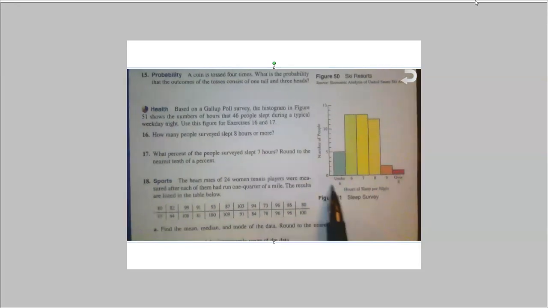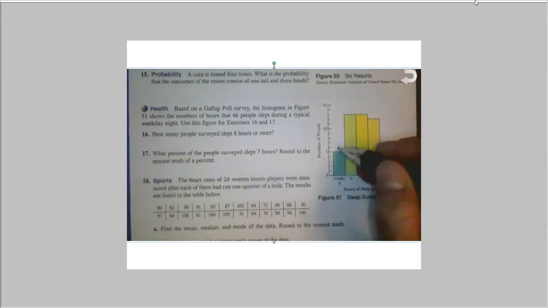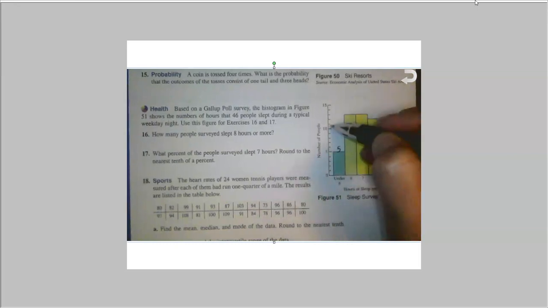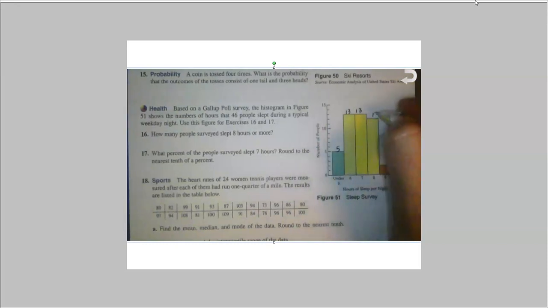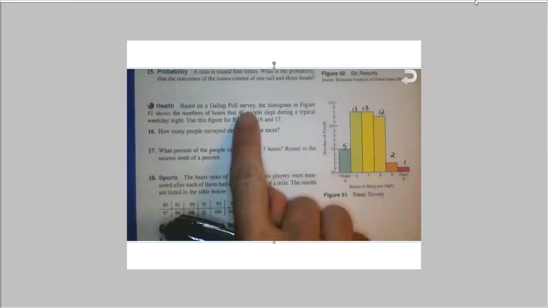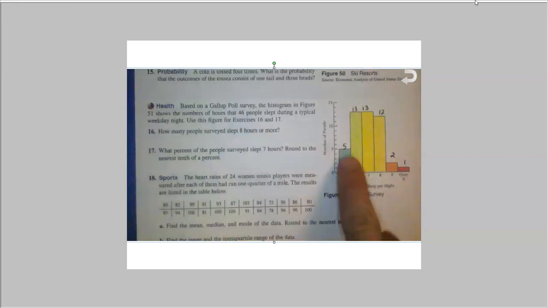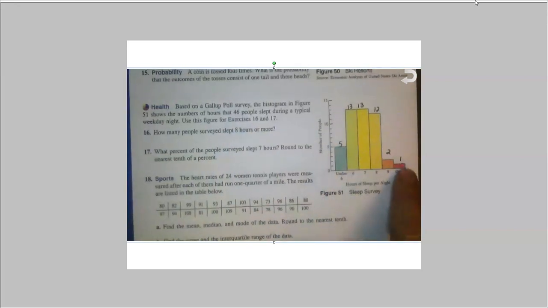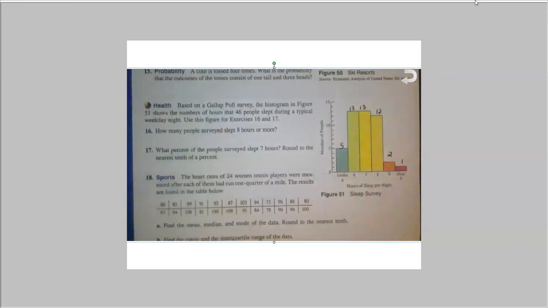So here we've got the hours of sleep per night, under 6 hours, it was 5 people. 6 hours, let's see, that counts up 1, 2, 3, 4, 5. So 10, 11, 12, 13. I'm just going to go ahead and fill those in, and we'll see how many people actually slept those number of hours. Now remember over here it just said 46 people. So if I add these numbers together, that should total up to be the 46 people that were surveyed.